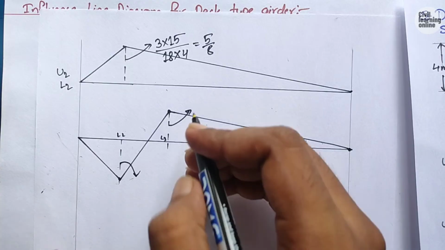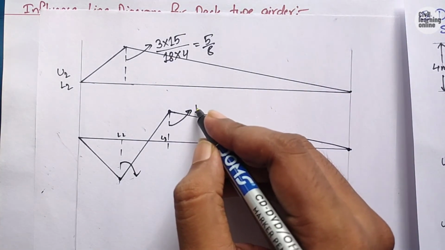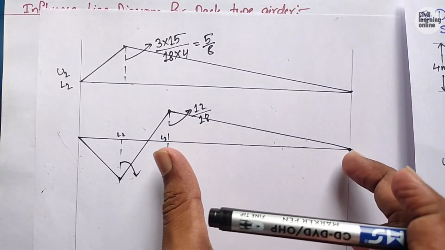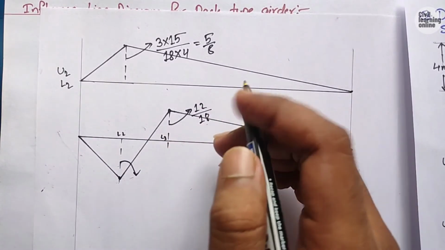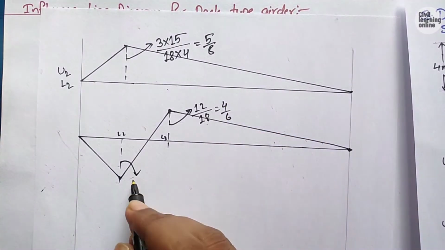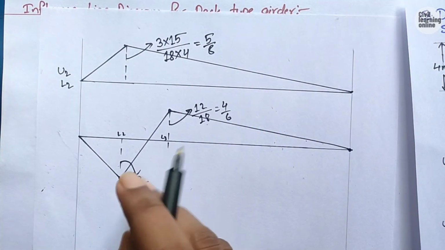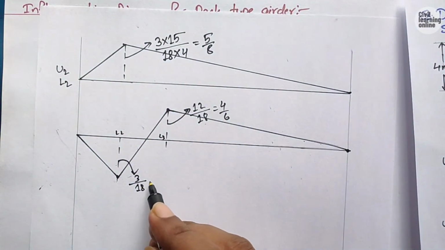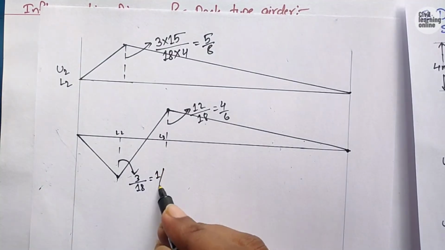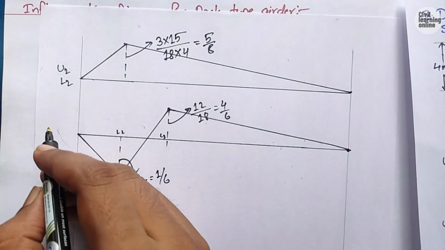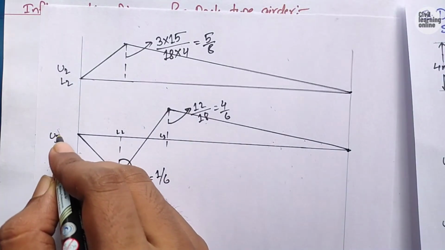So on finding the height of this portion, we are going to have 12 upon 18, means the span up to here, x upon L is going to be 12 upon 18, so 4 upon 6, and here the span is going to be 3 upon 18, x upon whole span, which is 1 by 6. And this was for the influence line diagram for the vertical member U3 L3.